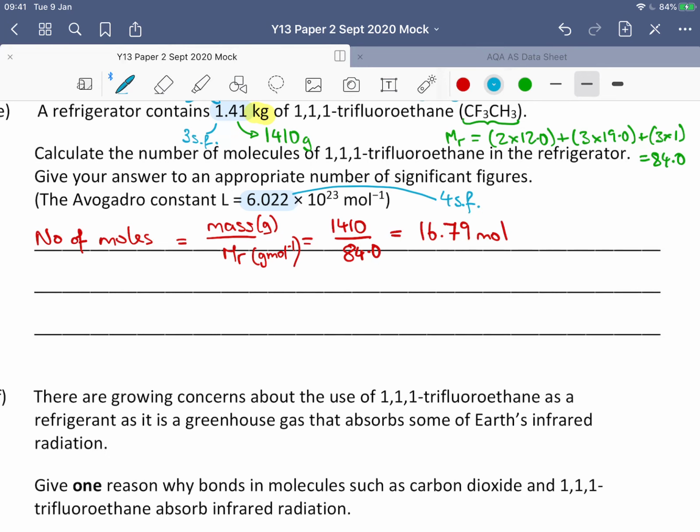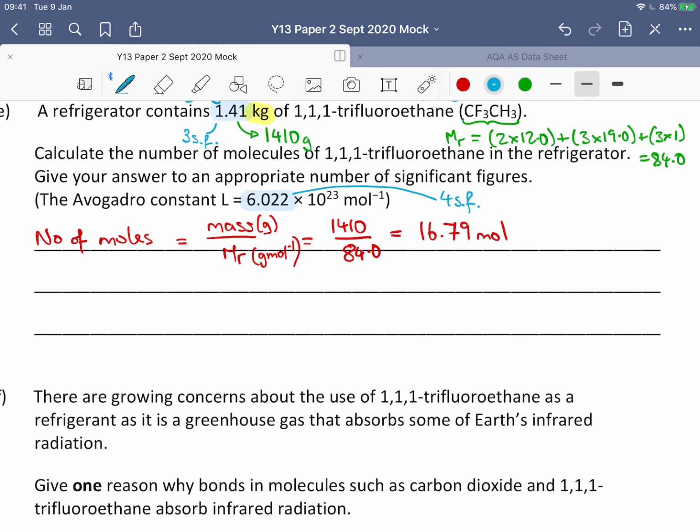Our MR is 3 significant figures. The appropriate number of significant figures will always be the number of significant figures of the smallest number that was used in the calculation. So we've used 3 significant figures and we're going to use 4 significant figures, but 3 is the smallest, so that's what our final answer is going to be.